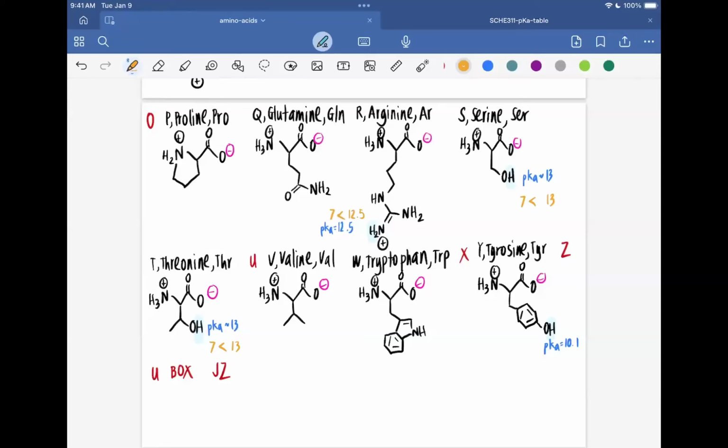Lastly, we have tyrosine, comparing the pH of 7 to the pKa of 10.1. 7 is less than 10.1, and so we will keep this proton as well. And so I've chosen 7 for this example, but you can certainly choose other pHs and get an idea of how that is going to impact whether or not a proton is going to be present or absent by comparing the pH and pKa values.